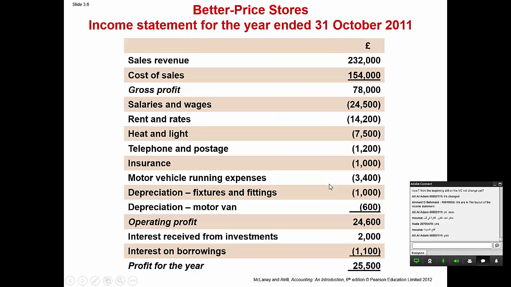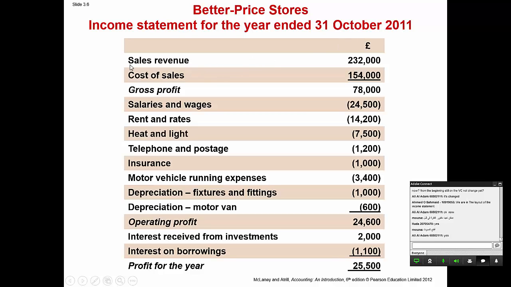Okay, this is an example of the income statement for the company called Better Price Store. This is the income statement for the year ended 31 October 2011. Again, this year does not end at the usual year end; it ends on the 31st of October 2011.